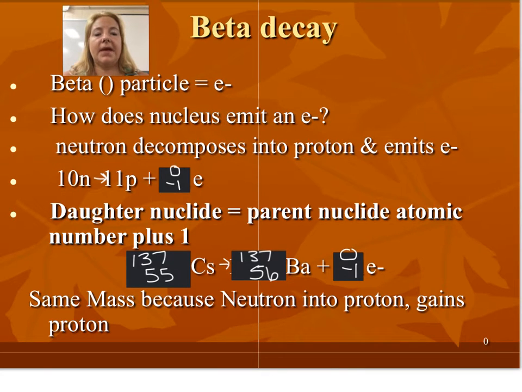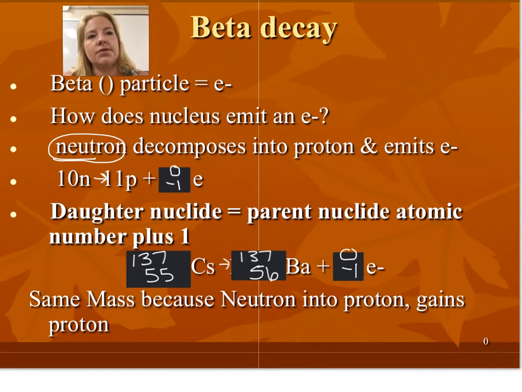Okay, so with beta decay, we're going to focus on just beta decay in this video. So how is it that we release a nucleus? Well, what actually happens is that we have a neutron that is going to break down or decompose into a proton and emit an electron.